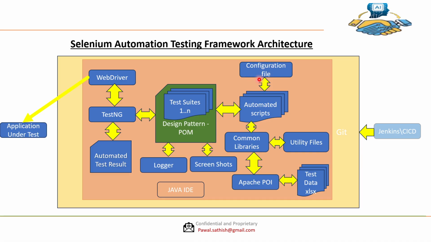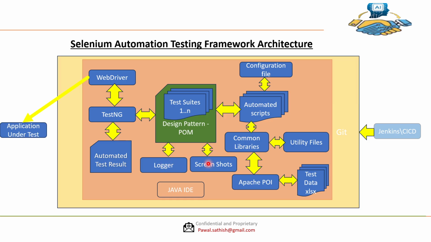Here we are also keeping the configuration files, where we use the properties file to store the environment details and the username and password details. Once our execution starts through TestNG, we use Log4j to store the log details. This is basically for development purposes: if any script fails, we can see all these details using the debug log, and along with the debug log we can also keep the info log.